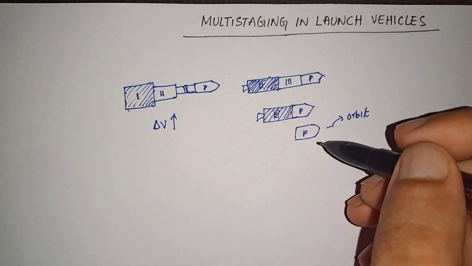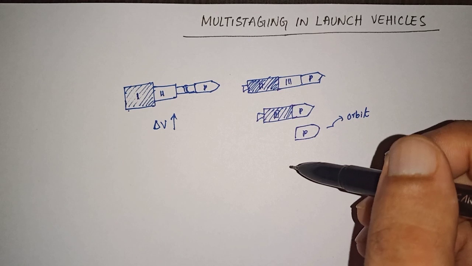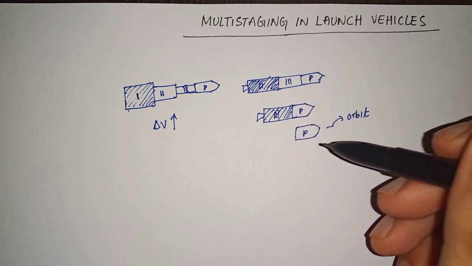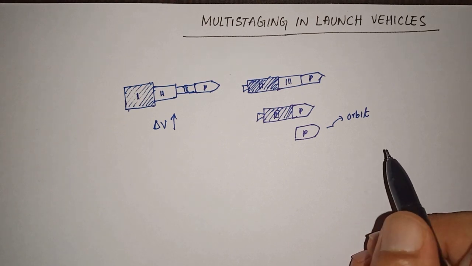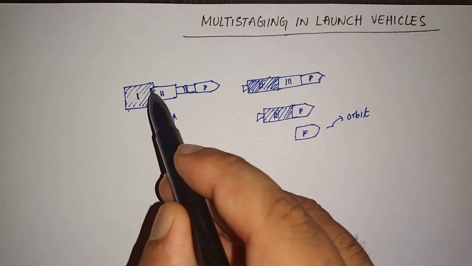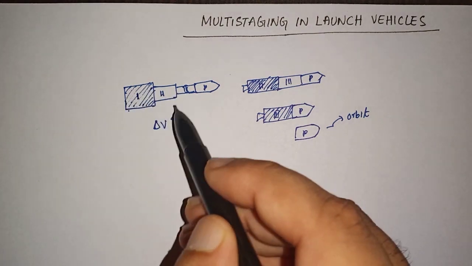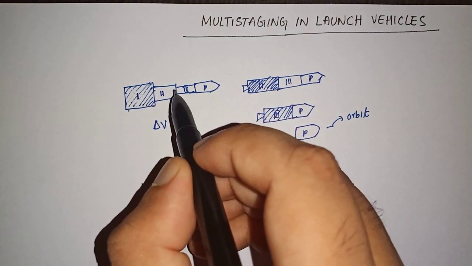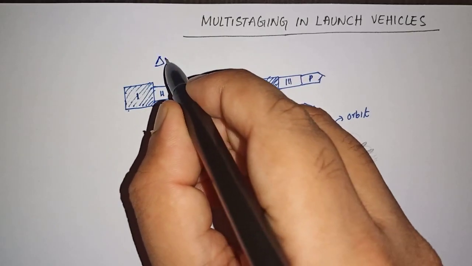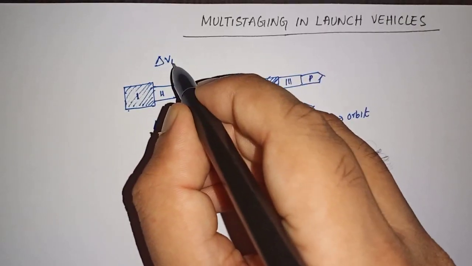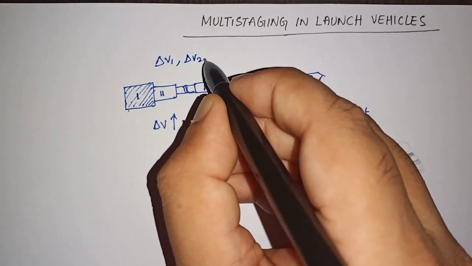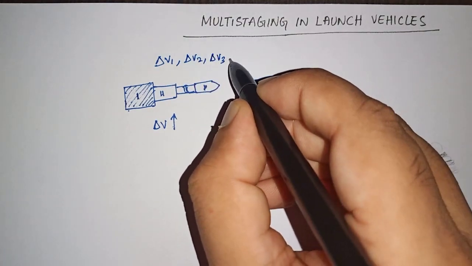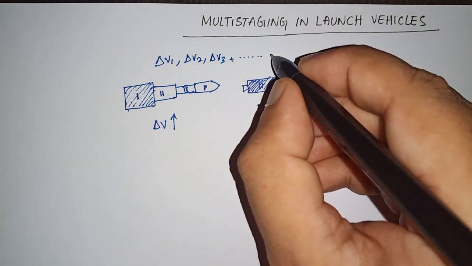This is a very valid point, and it has already been studied in a previous video. This has been explained by Tsiolkovsky. Whenever you wipe away the masses, you get a velocity gain. If it is a three-stage rocket, it gets a velocity gain delta V1 at the first stage, delta V2 at the second stage, delta V3 at the third stage, and it keeps going depending on the number of stages.